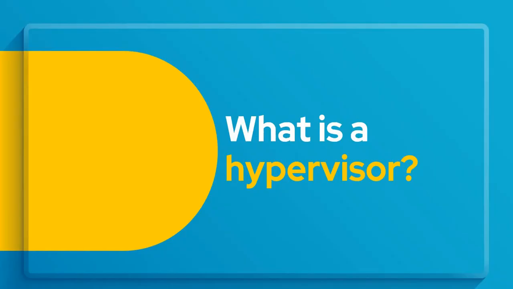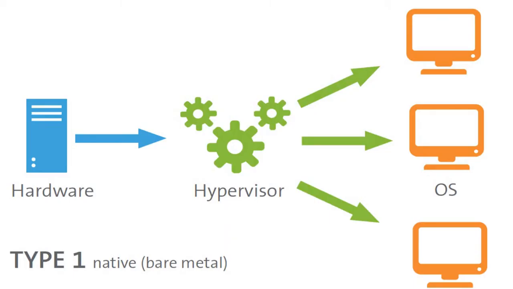Now, the question is, what is a hypervisor? All right. And I would have explained it just now that it allows you to run multiple operating systems on your computer. All right. So in short, we can say that a hypervisor is a program for creating and running what we call virtual machines. And as far as hypervisors go, there are two types.